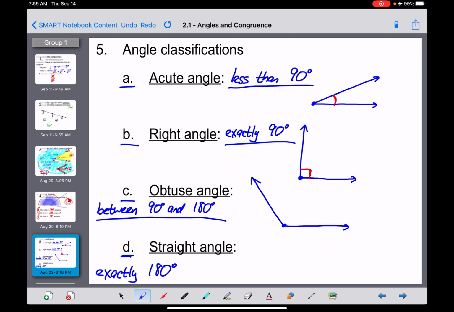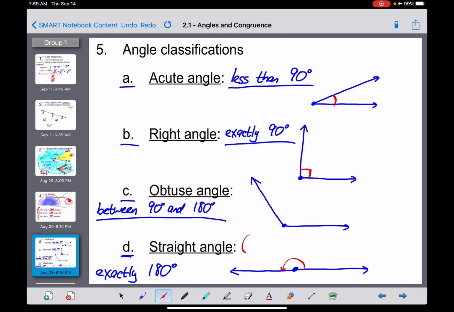So that is going to look a little funny because here's going to be my initial ray. I got it pointing straight out to the right. 180 degrees would take me all the way over here. There's the half circle that we talked about before, and a straight angle is going to look something like this. And that is now the second time in these notes that we've talked about a diagram like that.